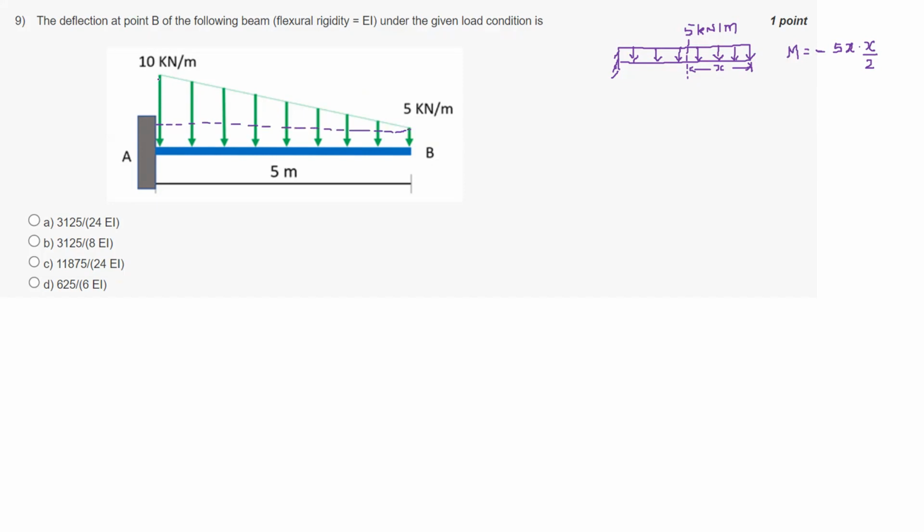Now we have this triangular part. The total value is 10, 5 we have used, so the remaining is again 5 kilonewton per meter. So we have a triangular load of 5 kilonewton per meter, and the distance is 5 meters.